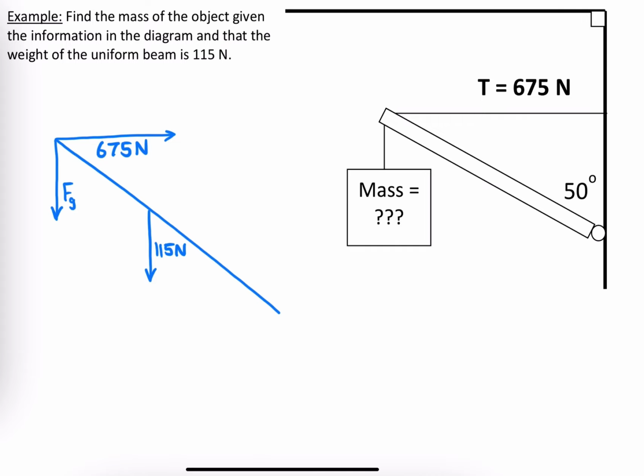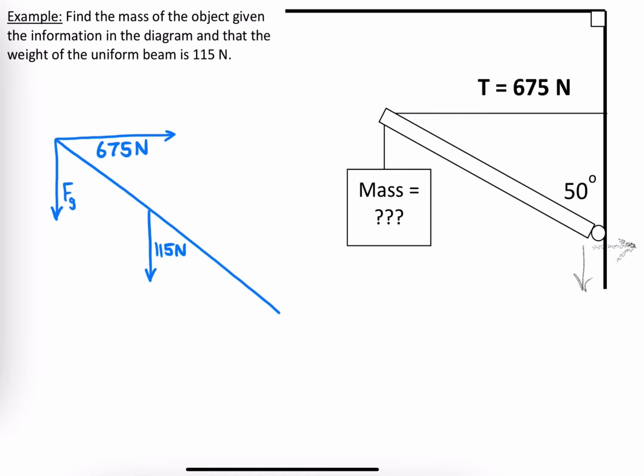And at the hinge, let's see if we can just guess and find these reaction forces. Looking at this hinge, I think if this hinge were to just dissolve and completely disappear instantly, the end of this beam would probably move down, and I think it would move to the right a little bit.